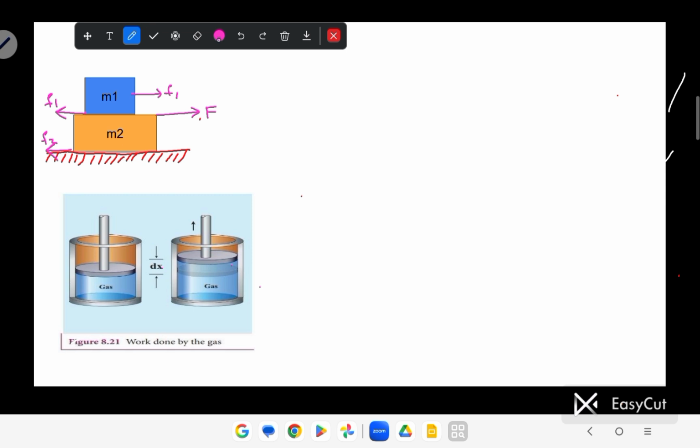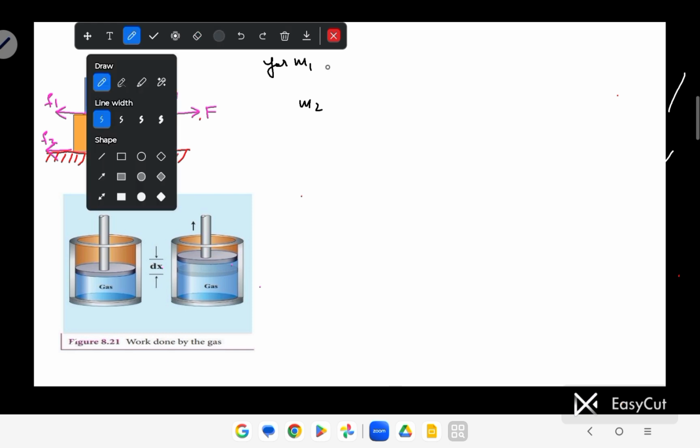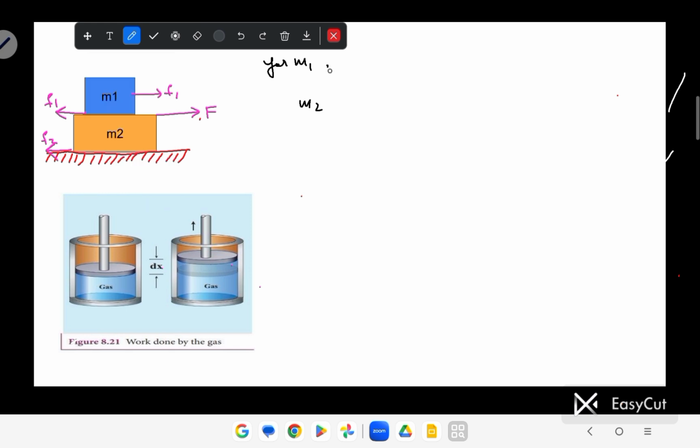So if I have to find, let's change the color of the pen and then we'll talk about everything in detail, for M1 and for M2. Okay, so for M1, what should be the work done? It should be the work done by the F1.